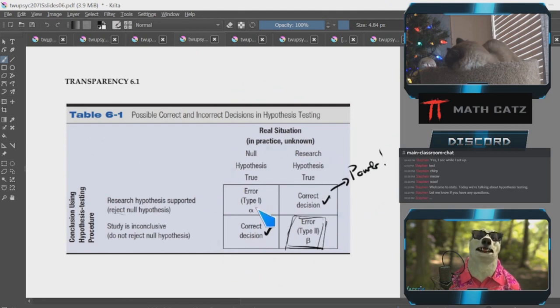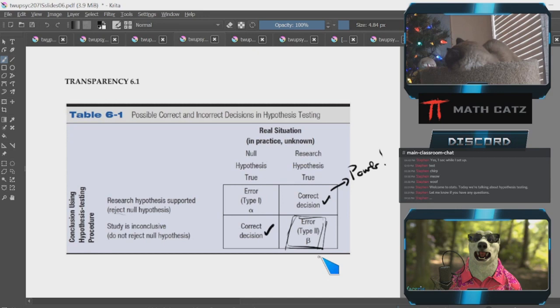Type 1 error, I sort of choose by way of alpha. I can choose a more aggressive alpha if I want to lower the chance of making this type of error, where I reject it, but I shouldn't have. But there's another error, type 2 error, where I should have rejected it, but I don't.